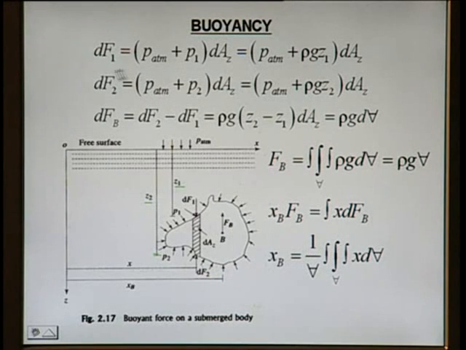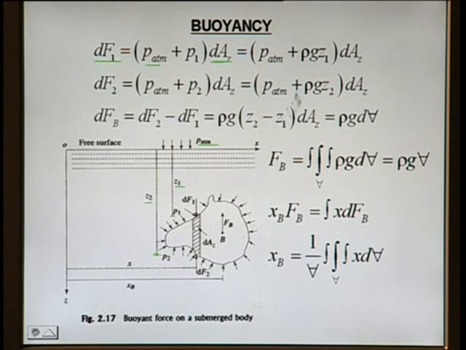In the pressure equation we have studied that dF1, the force acting on this prism at the top point, is equal to P atmospheric plus P1, whatever the pressure at this point, multiplied by the cross-sectional area dA. What is P1?